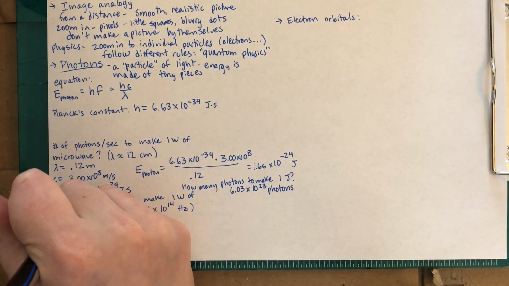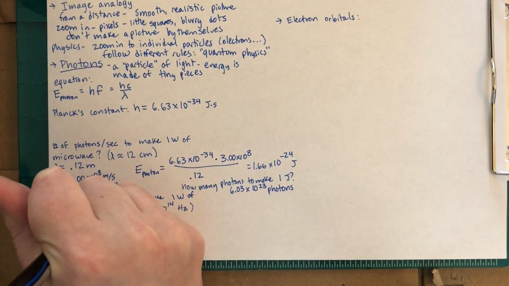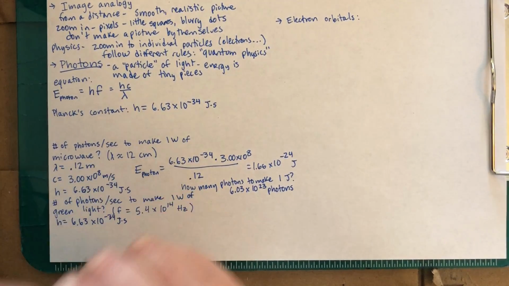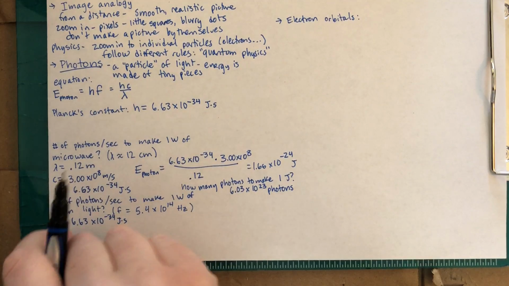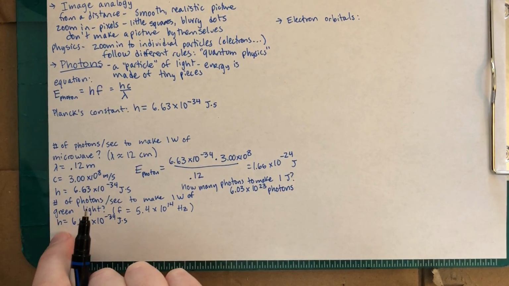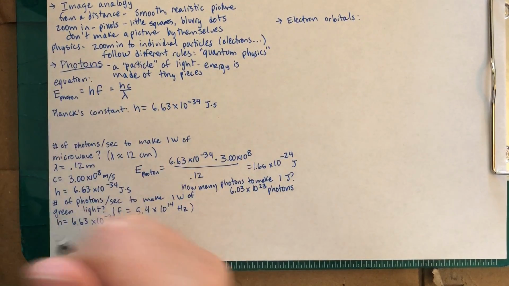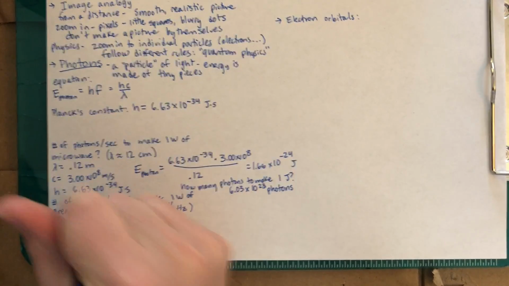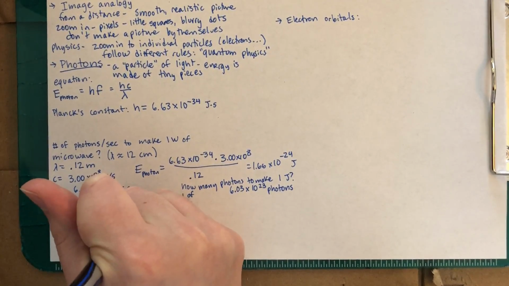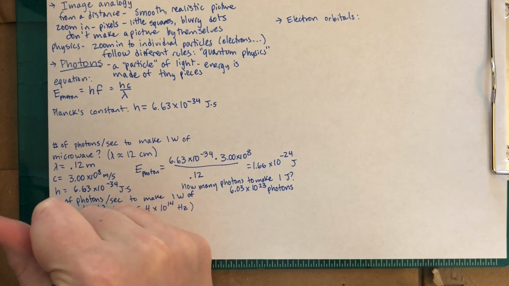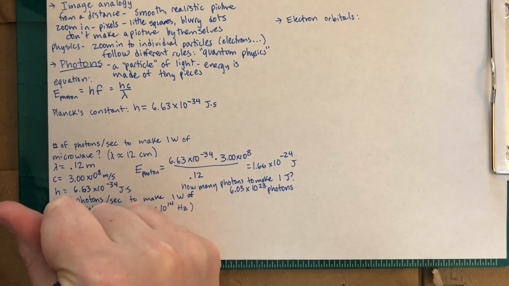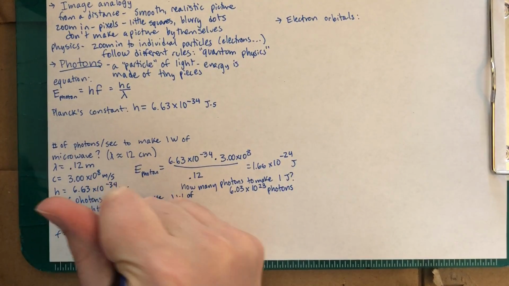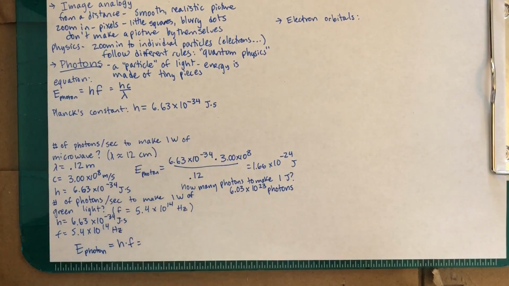So H is still 6.63 times 10 to the minus 34 joule seconds. And then I don't need C, I just need the frequency. 5.4 times 10 to the 14 hertz. So E photon equals H times F. So I'm just going to multiply these two numbers.